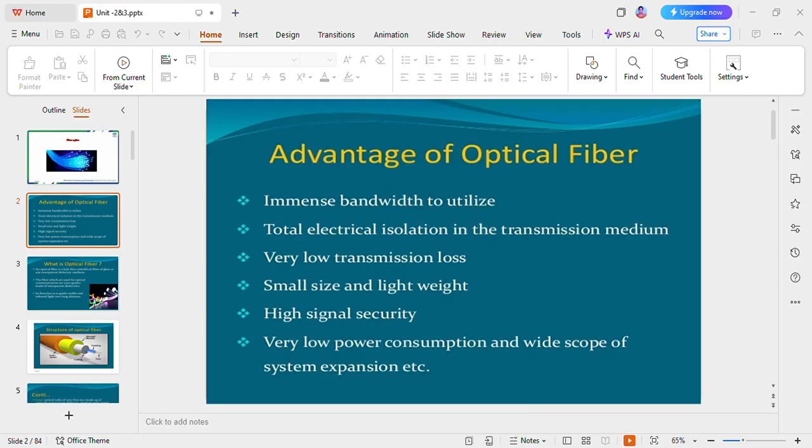The light ray propagates in the form of meridional rays which cross the fiber axis during every reflection at the core cladding boundary. In a graded index fiber, the core has a non-uniform refractive index that gradually decreases from the center towards the core cladding interface. The cladding has a uniform refractive index. The light rays propagate in the form of helical rays. They never cross the fiber axis.